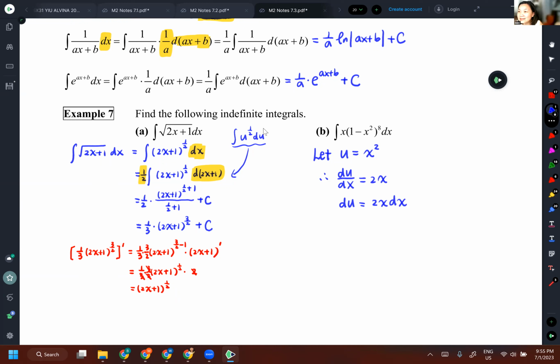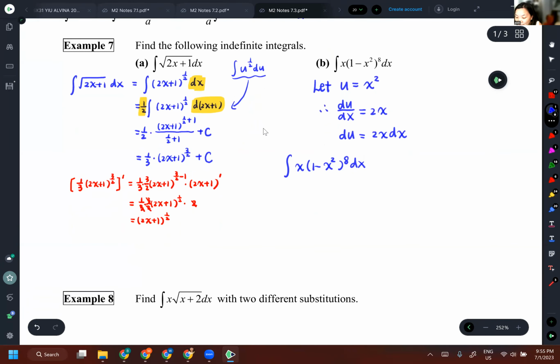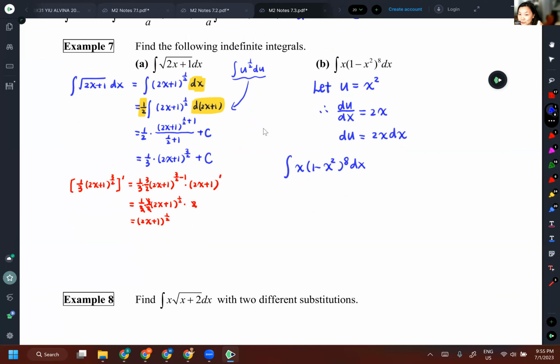Now this formula will provide me enough to change my integral. Now my integral is x times (1 minus x squared) to the power 8 dx. This is my integral. I have to change the whole thing back to u. How do I do that? Watch carefully.